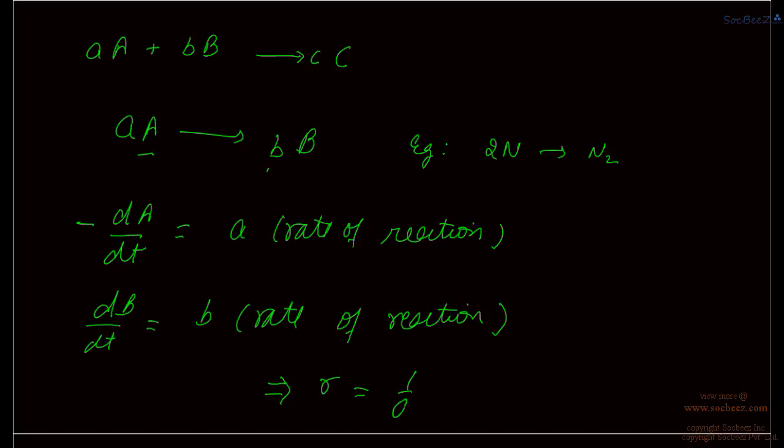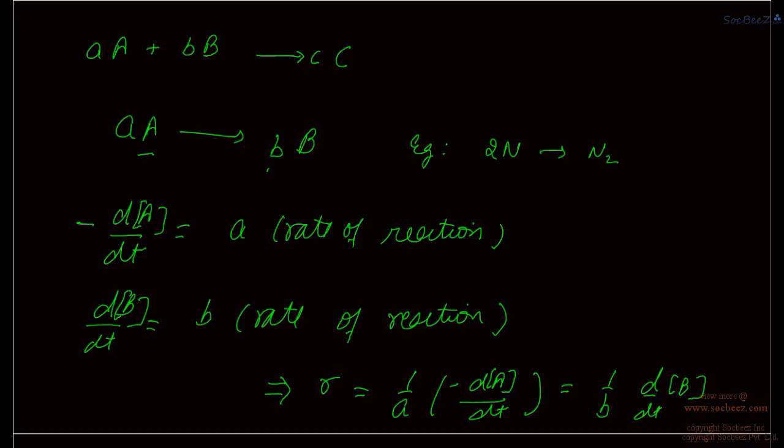Therefore the rate of reaction was 1 upon a times the rate of disappearance of A, and it was 1 upon b times the rate of appearance of B. Okay, this is the concentration drop.